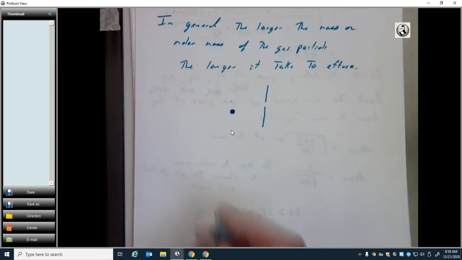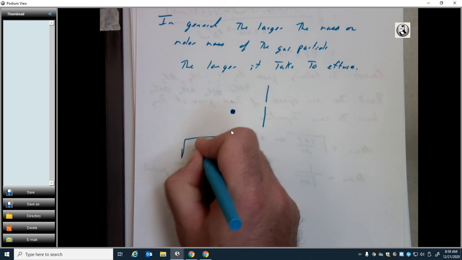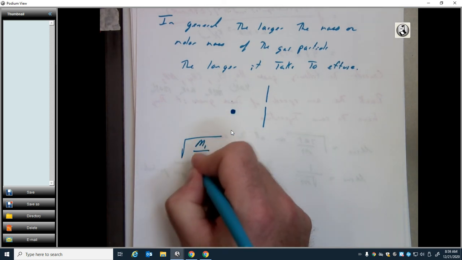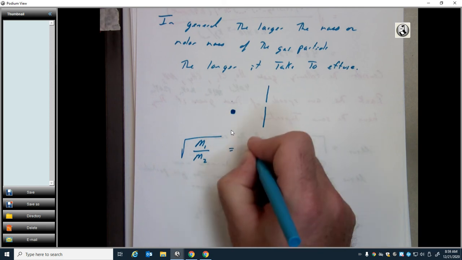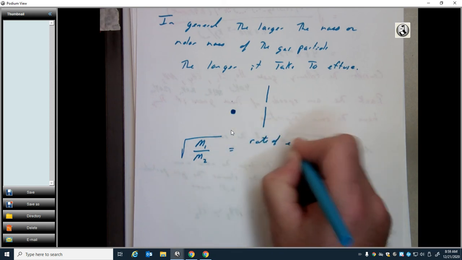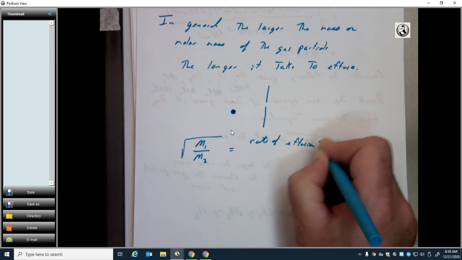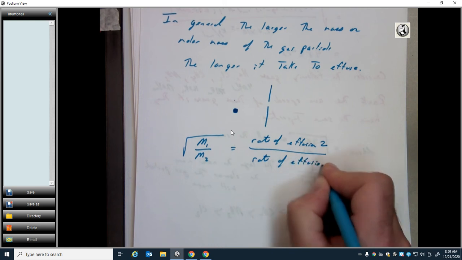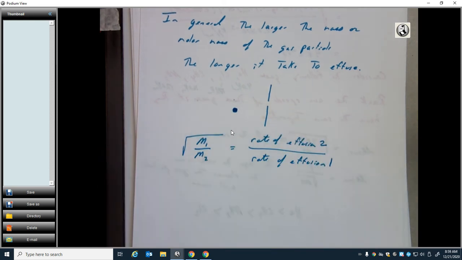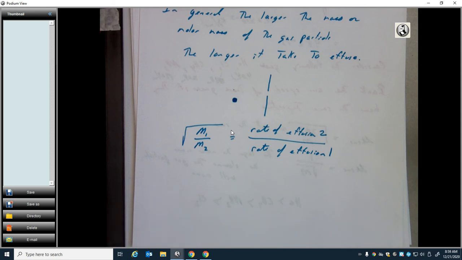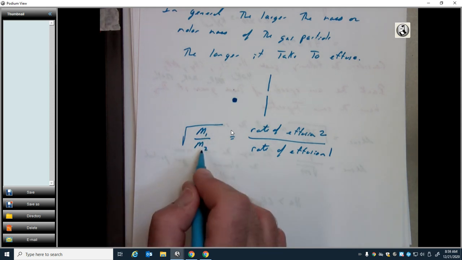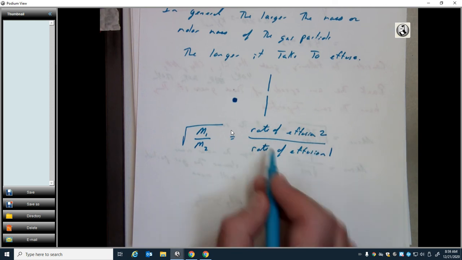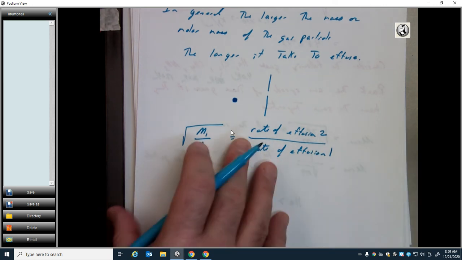Now, there's an equation, and it lets us compare this rate of effusion with two gases. So we got the square root of molar mass 1 over molar mass 2 equals the rate of effusion 2 over rate of effusion 1. Let's go ahead and try it.